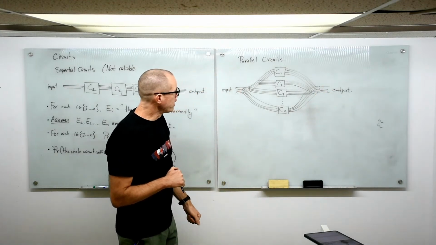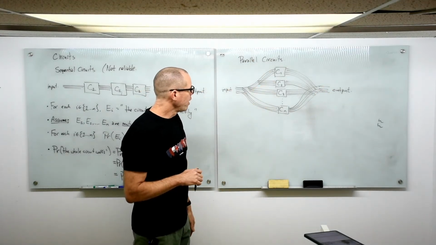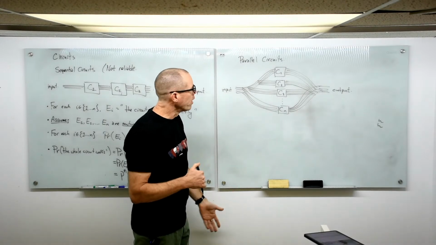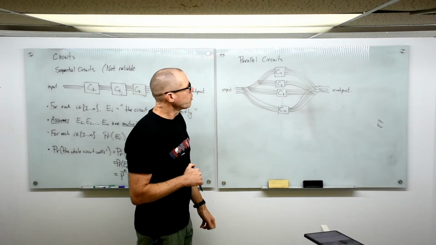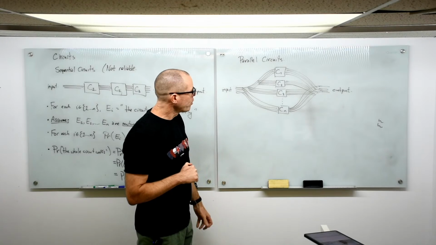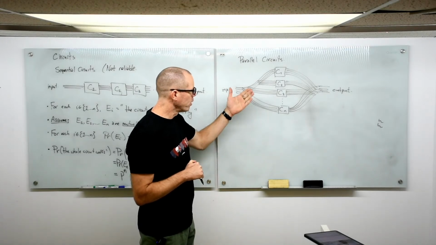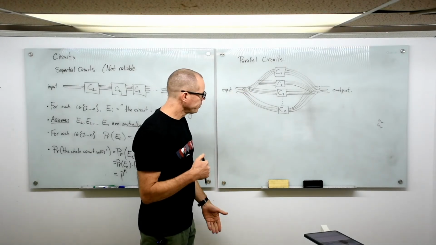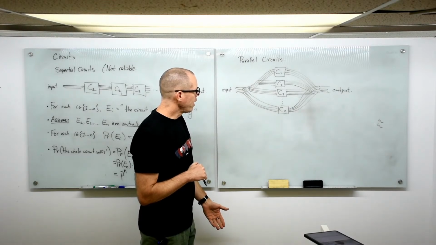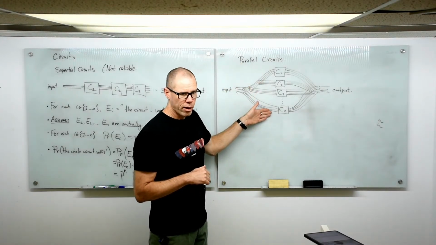Okay? Otherwise, some of these circuits might fail, but that's okay as long as one works. And so the only time your circuit will not work is when all of these things fail.